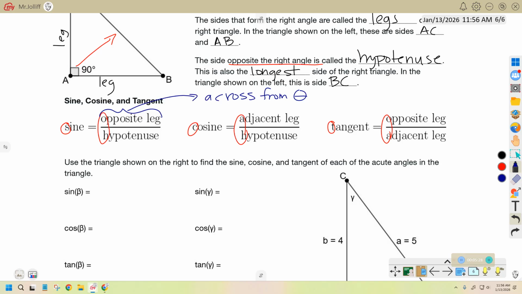I'm going to use theta for our angle because that's the common symbol for a missing angle. Theta is the symbol for an unknown angle.